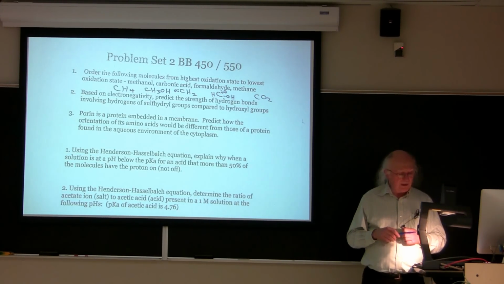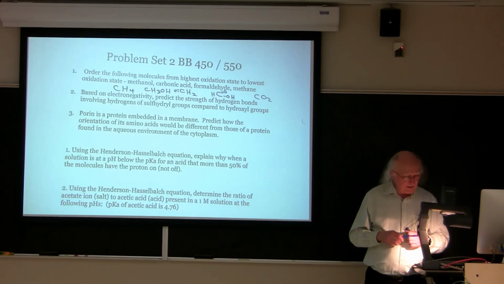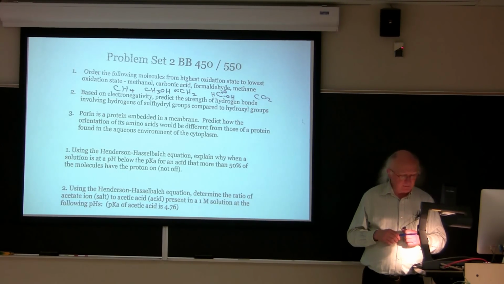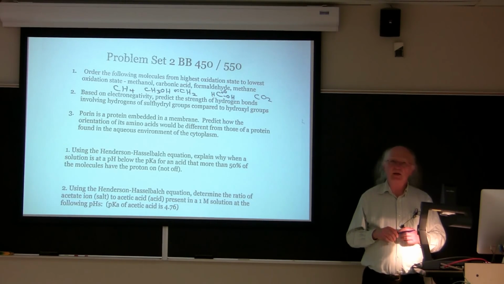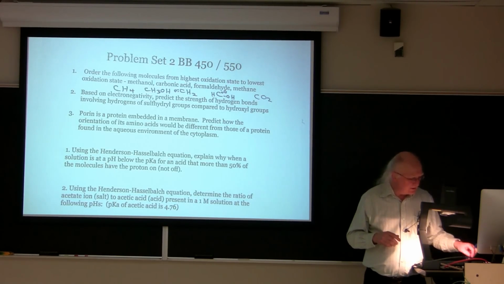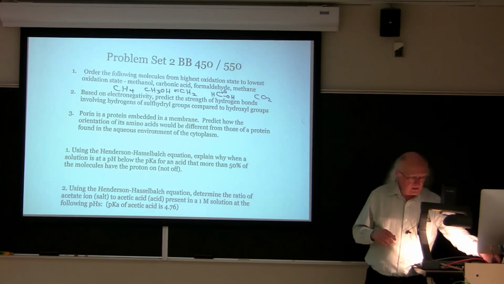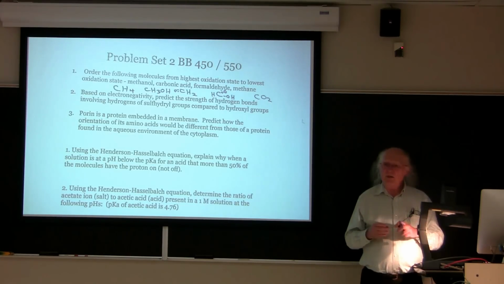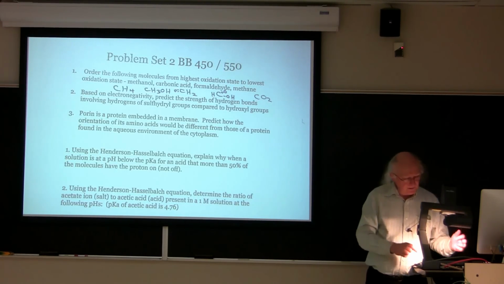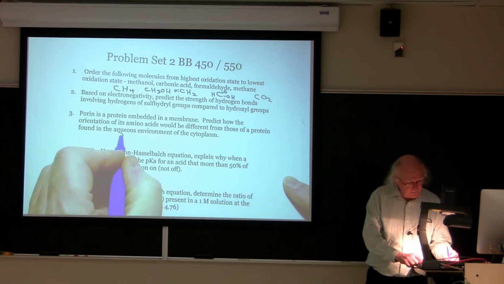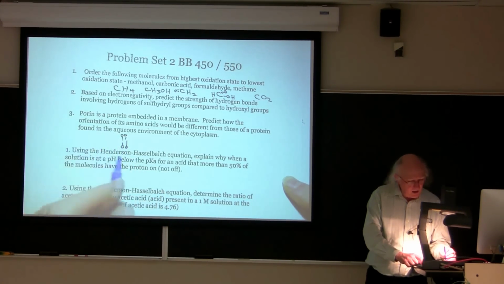Question number 3 says, porin is a protein embedded in a membrane. Predict how the orientation of its amino acids will be different from those of a protein found in the aqueous environment of the cytoplasm. Well, the key to answering this question is the environment of a membrane. If we look at it, it has polar parts on the outside, long tails sticking inside, as we can see here.